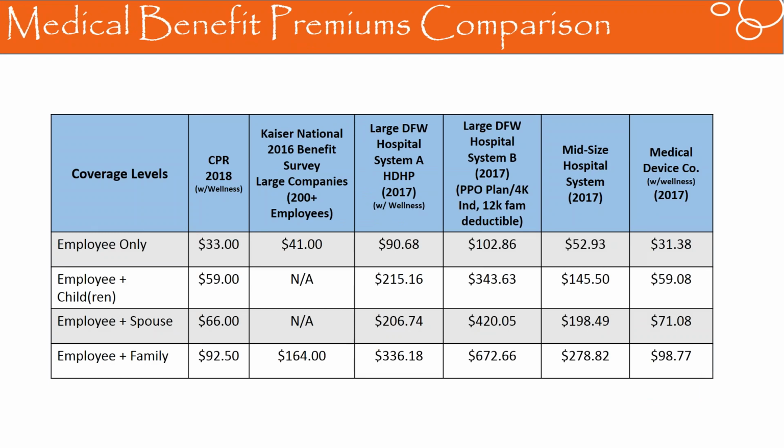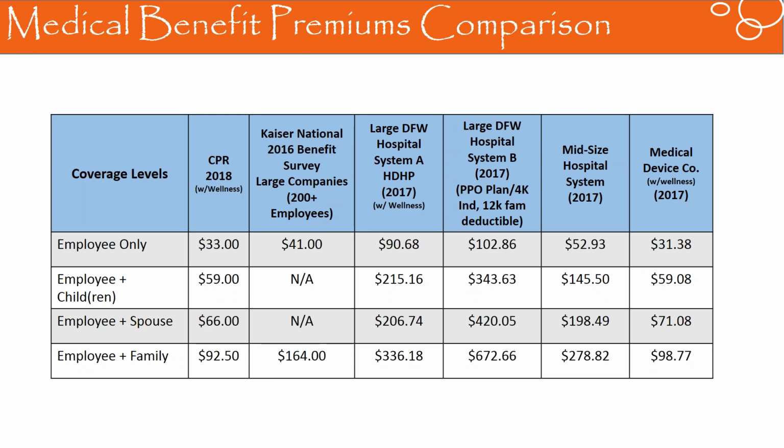Medical benefit premiums, as I alluded to, are going to be going up slightly. I wanted to put that in perspective because I know that everybody goes, oh my gosh, they're raising them again. From the National Benefit Survey through Kaiser, we're very competitive from a large company standpoint. We're below that $41 for employee-only coverage.